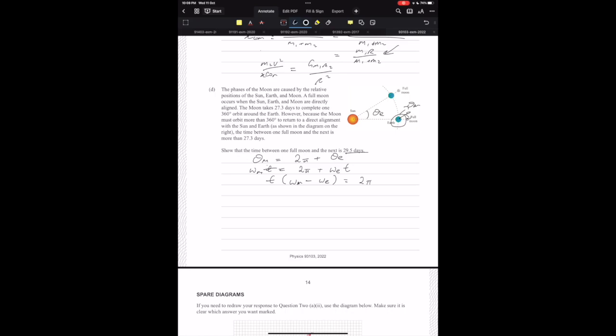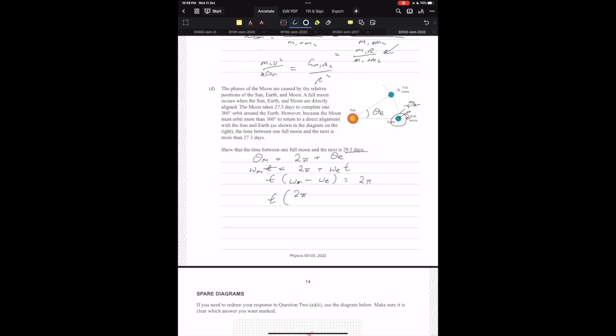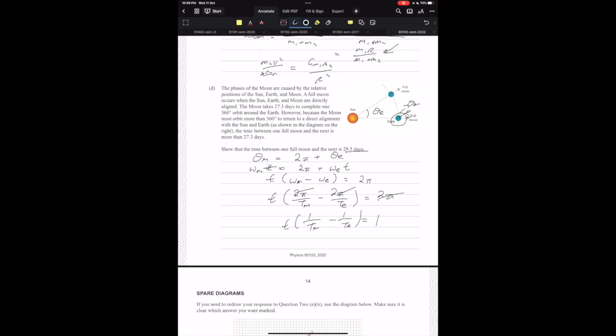And we can figure out what omega m and omega e are because we know the period of the orbits. So we can just substitute omega for 2 pi over T, which is a formula. And we have the period of the moon and the period of the earth in their orbits. And we'll notice that these 2 pi actually cancel out. And so we get t times (1 over Tm minus 1 over Te) is equal to 1. So t is equal to 1 divided by (1 over Tm minus 1 over Te).